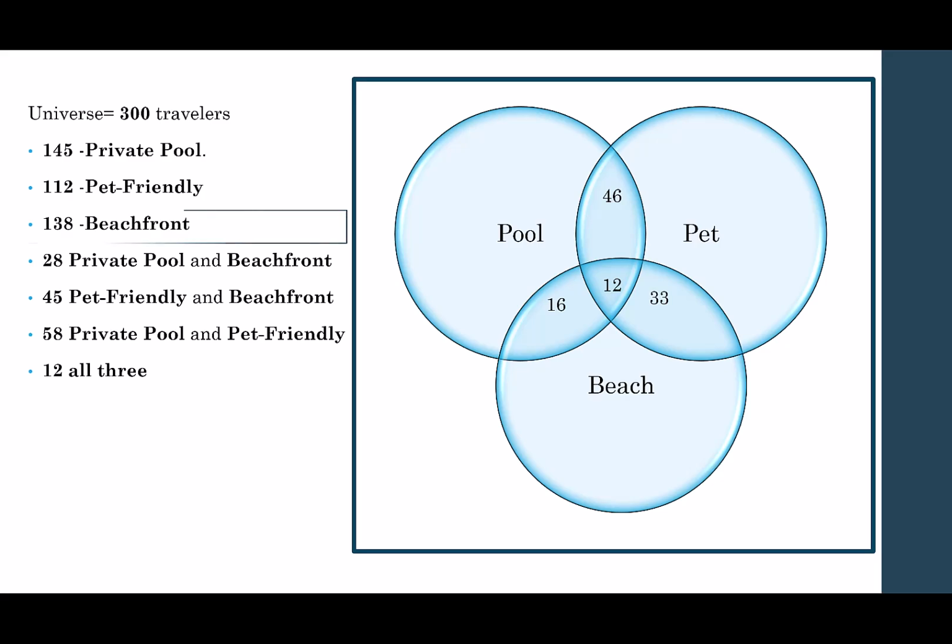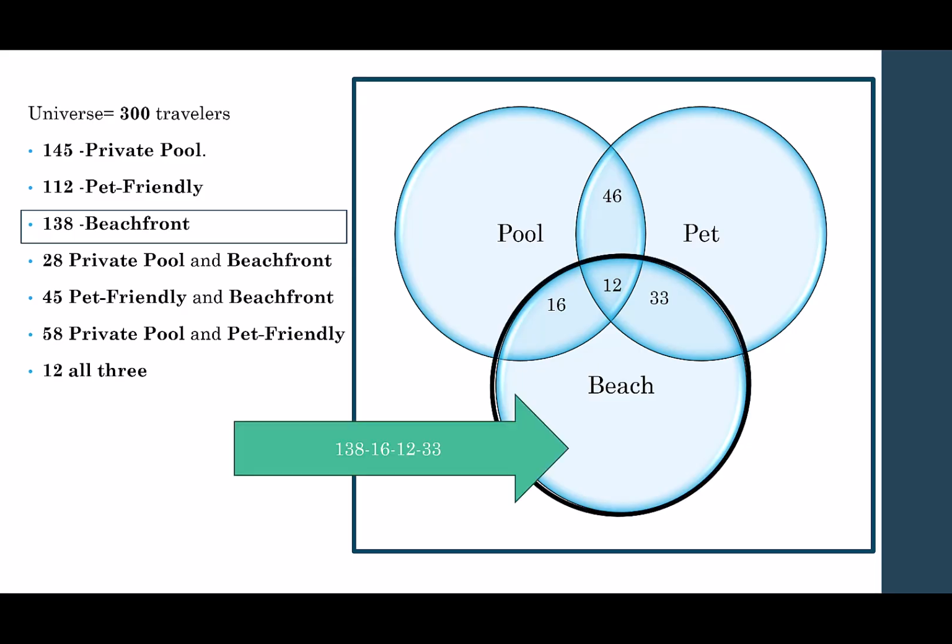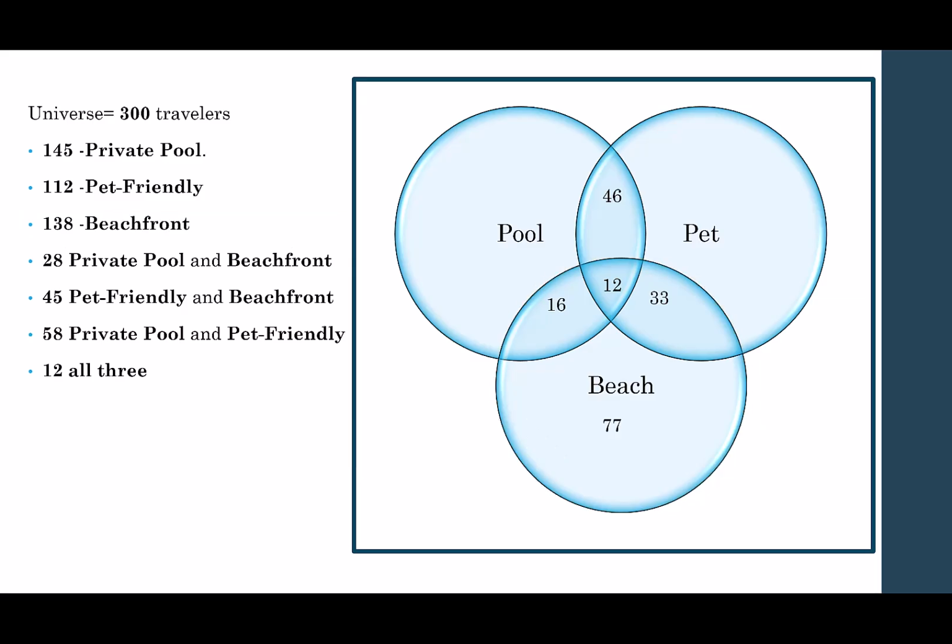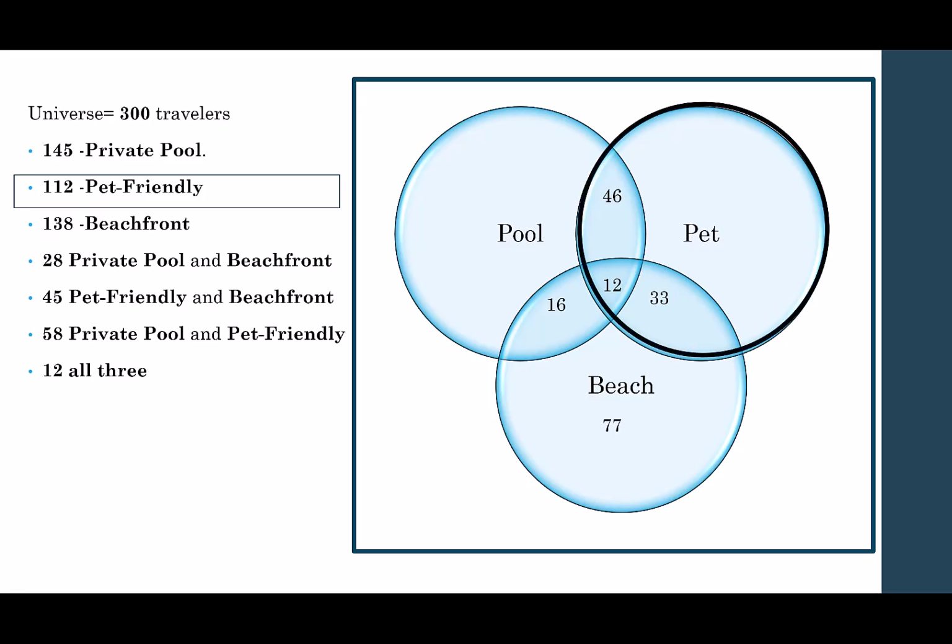Let's start with beachfront. Beachfront is supposed to have 138 in total. So when we look at the big circle of beach, we know we need to subtract 16, 12, and 33 from 138, which gives us 77. When we look at the travelers who want a pet-friendly accommodation, we know it's 112. So for the whole circle of pet, it should add up to 112.